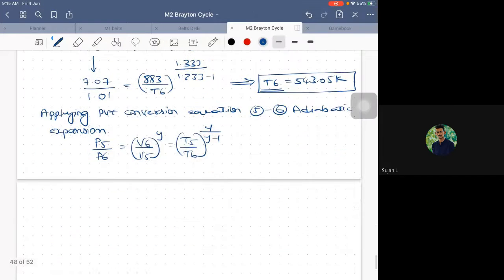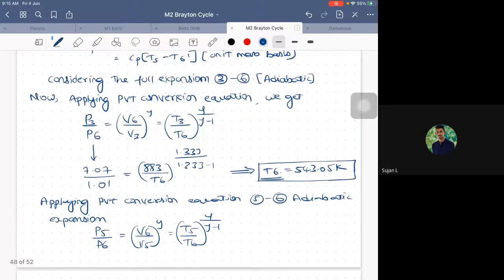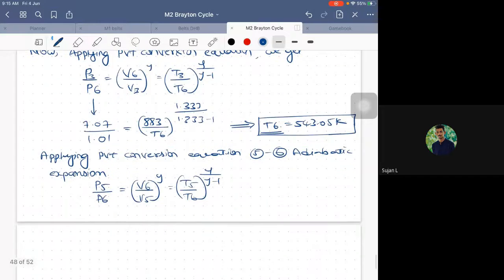Now, what is the value of P5? P6, I know, is 1.01 bar. But what is the value of P5? T5 I need to calculate.